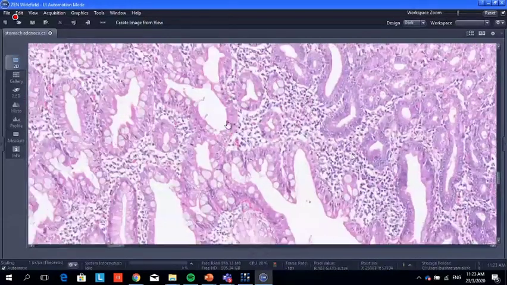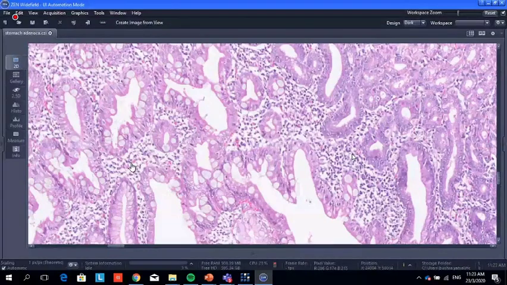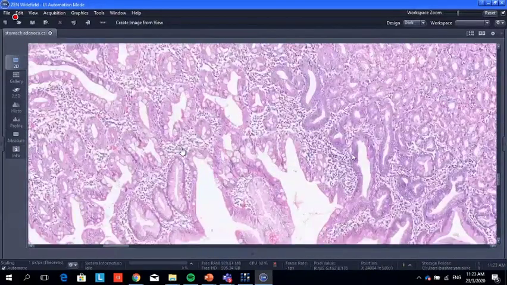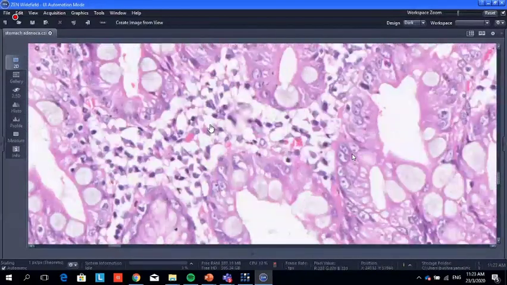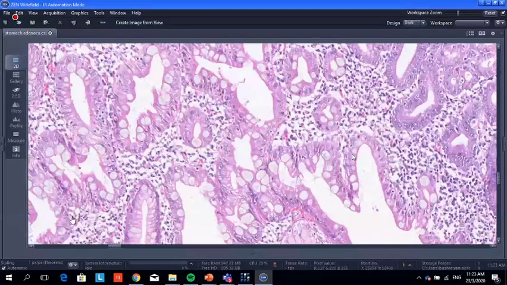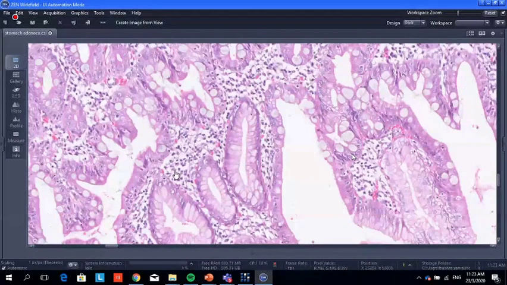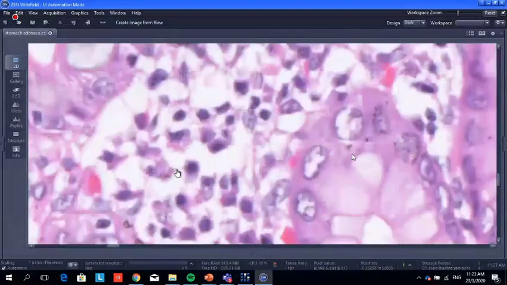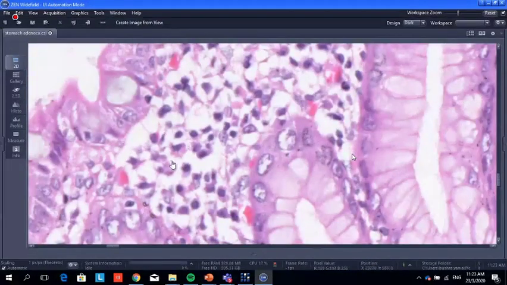Can you see those goblet cells? See the lamina propria, how is it? It is infiltrated by inflammatory cells. See those inflammatory cells.